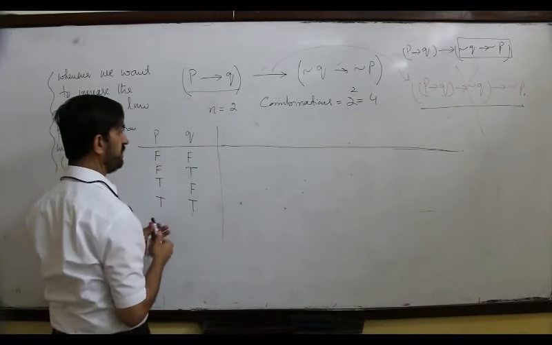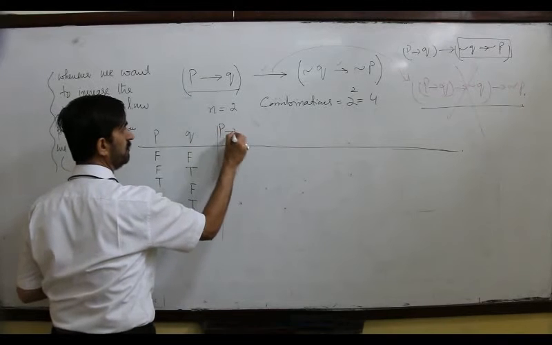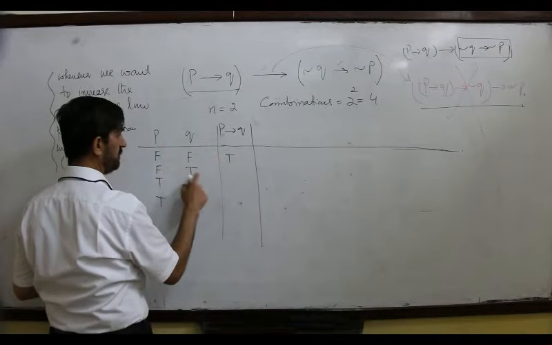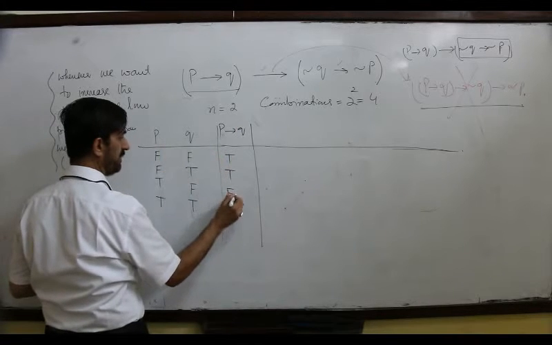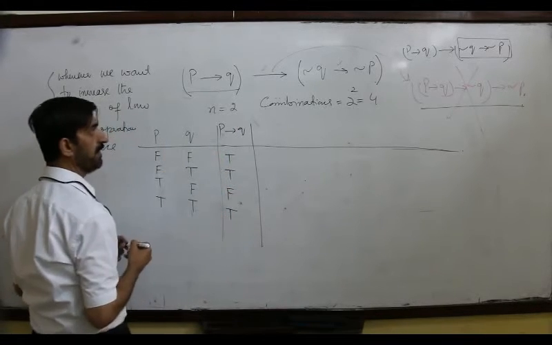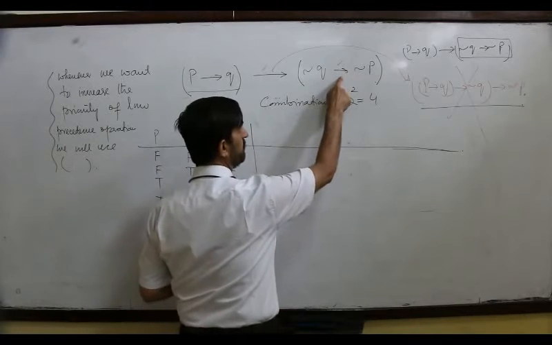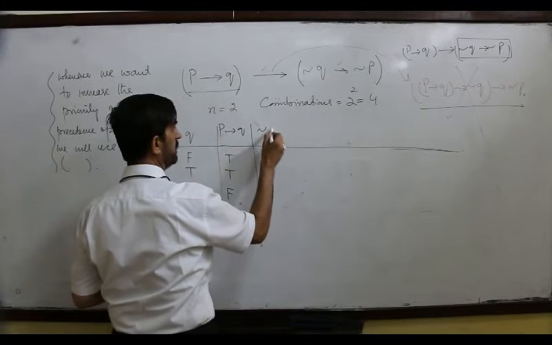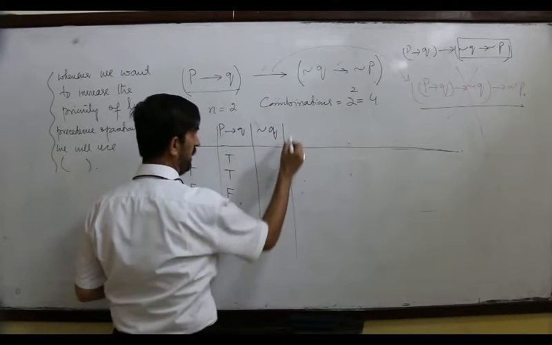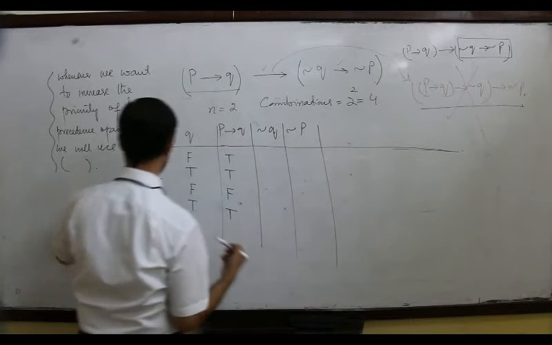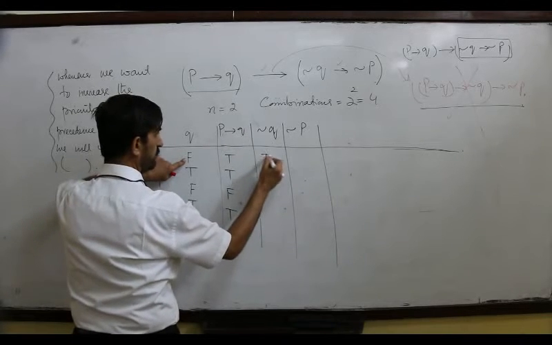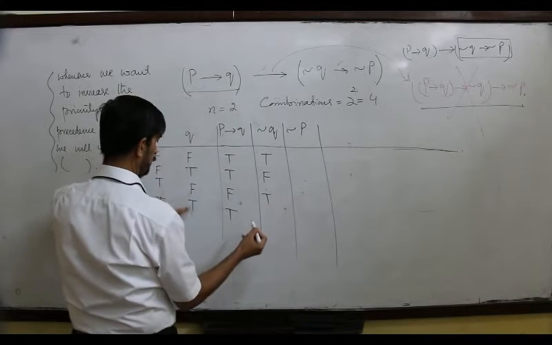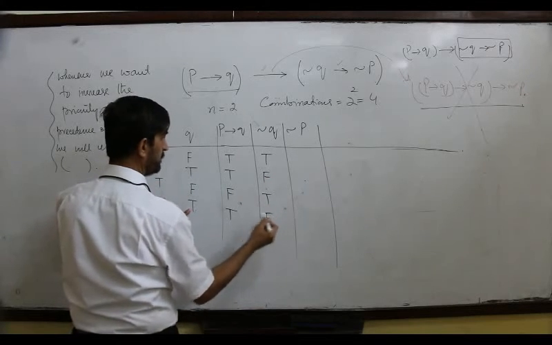First you will solve this parenthesis, P implies Q: false implies false true, false implies true true, true implies false false, true implies true true. Then in order to solve this implication, first you will have to solve the negations, not Q and then not P. Not Q: the negation of true will be false, negation of false will be true, and negation of true will be false.